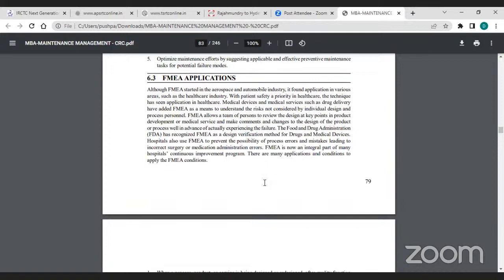FMEA applications we have seen: it is used in aerospace, the automobile industry, and the healthcare industry. For every device, they go with the pre-check. This failure analysis in the pre-check will identify what the components are, where the failure is, and will reduce the risk of failure or breakdown in the machinery.